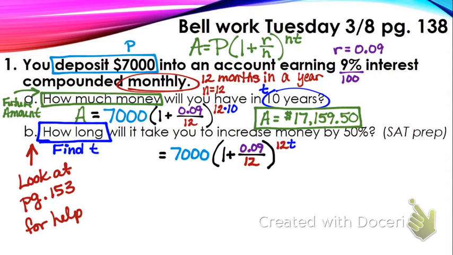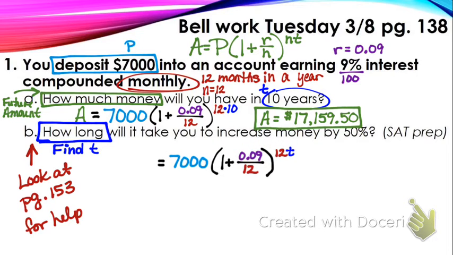It says, how long does it take to increase your money by 50%? Increase means to do what? Go up. We started off with 7,000, right? And it's going to increase, go up, by 50%. Give me another way to think about 50%. 50% is how much of something?